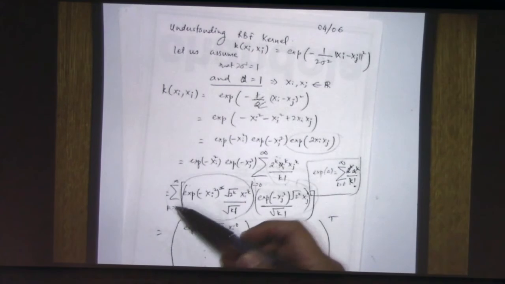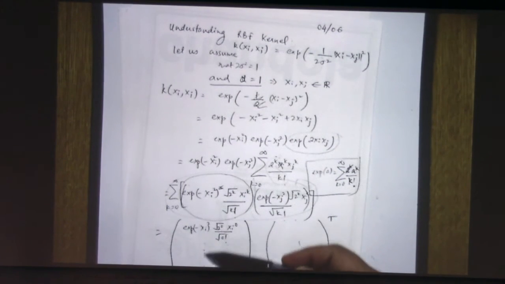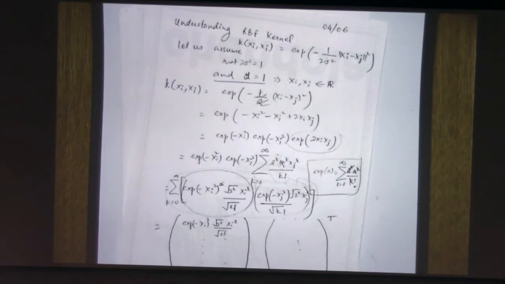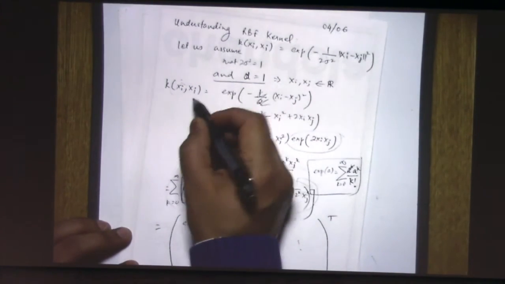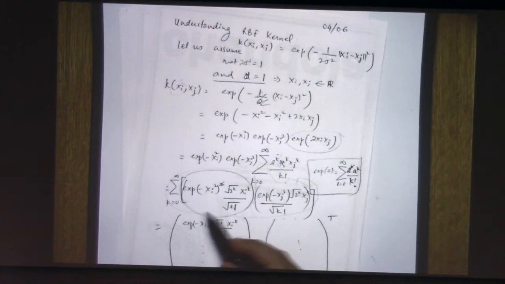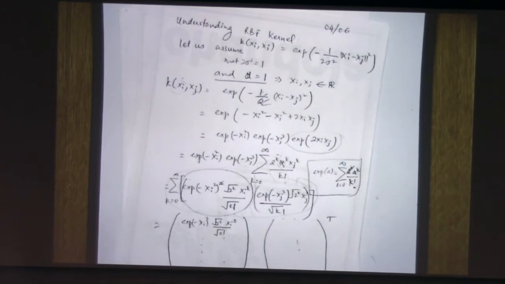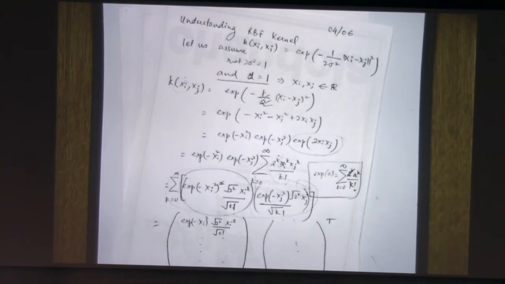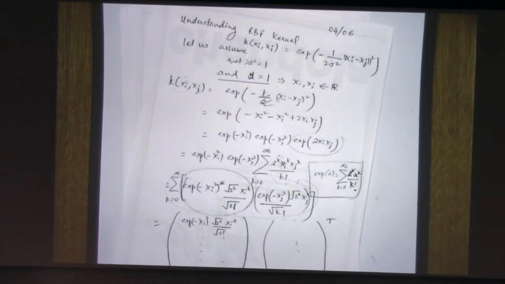Now, because k goes from 0 through infinity, this is an infinite dimensional vector. So what you're doing is replacing your xi by these infinite versions of xi. Think of these as infinite basis functions that you apply to xi to map it into this infinite dimensional space, and then you're taking a dot product in that space.